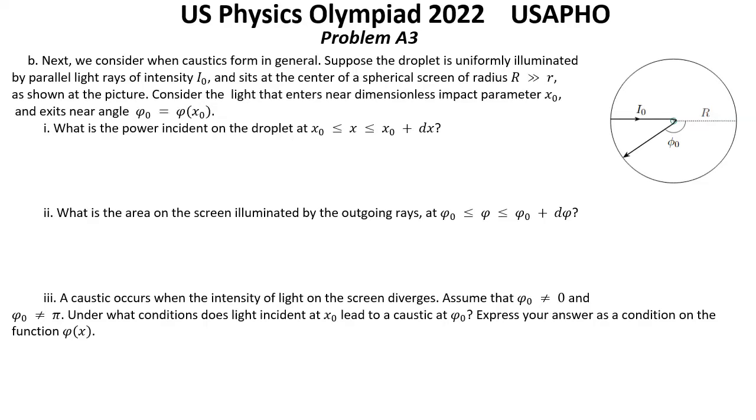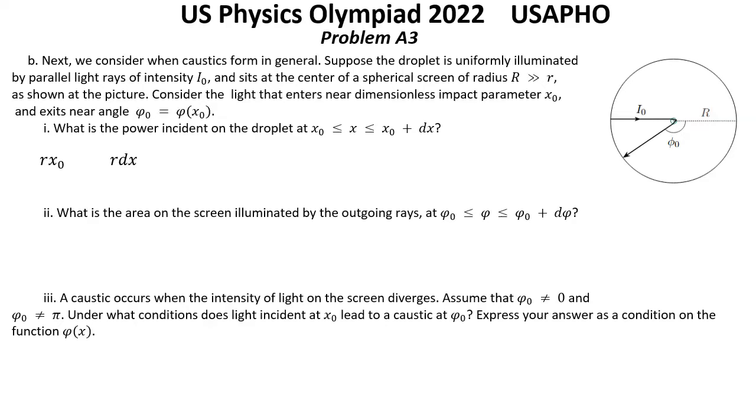First, what is the power incident on the droplet at x0 less than or equal to x, and x less than or equal to x0 plus dx? Solution. The region with the impact parameters in this range is a thin annulus with the radius r x0 and the cross-sectional width r dx.